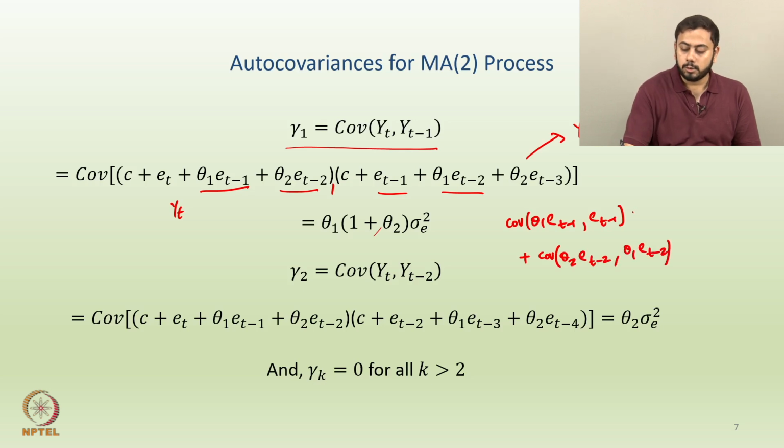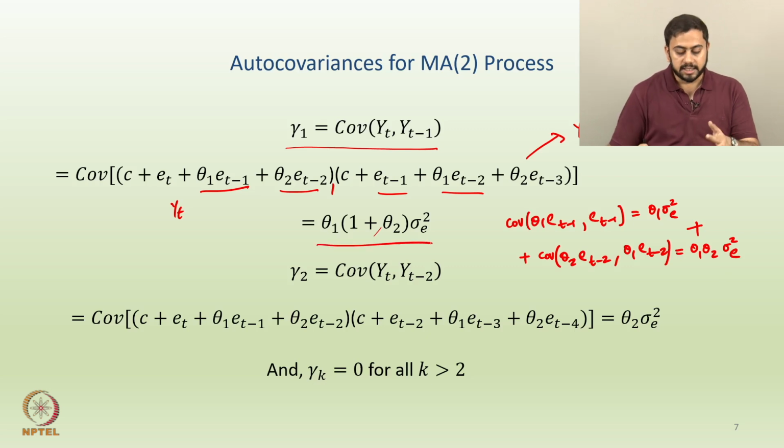Okay. So this covariance is nothing but theta 1 into the variance of et minus 1, which is sigma square E, and then this term is nothing but you multiply the coefficients, so theta 1 theta 2 and then variance of et minus 2, which is again as per the assumption sigma square E. Okay. So if you add these two terms, this is exactly what you will get.